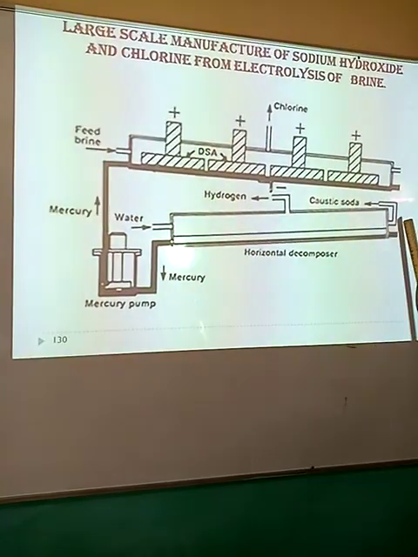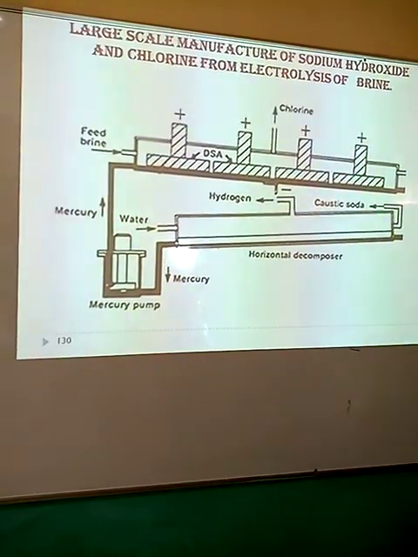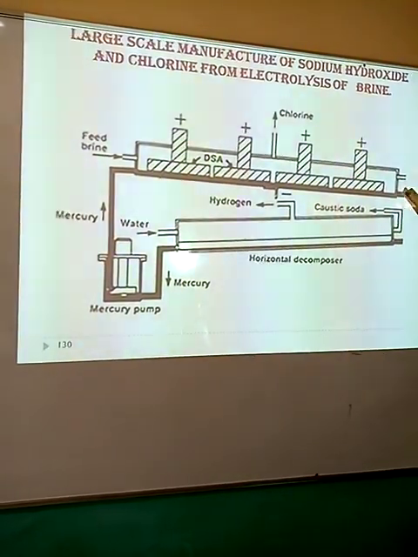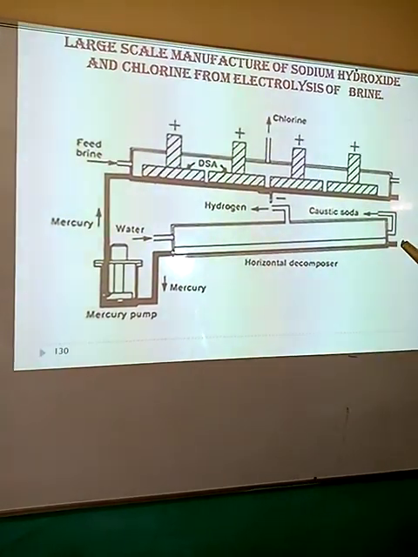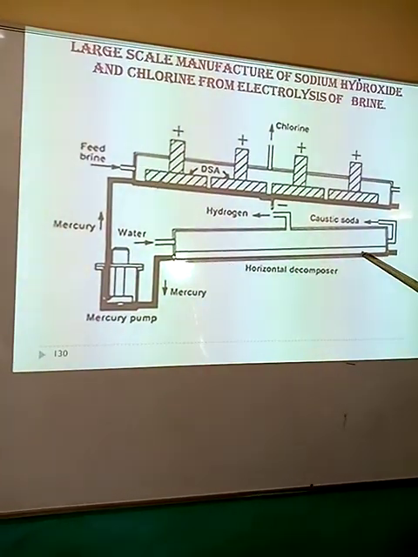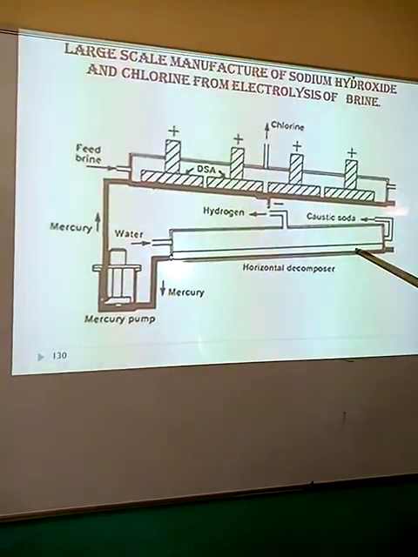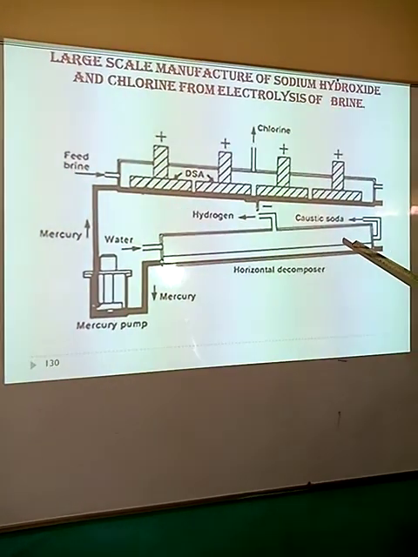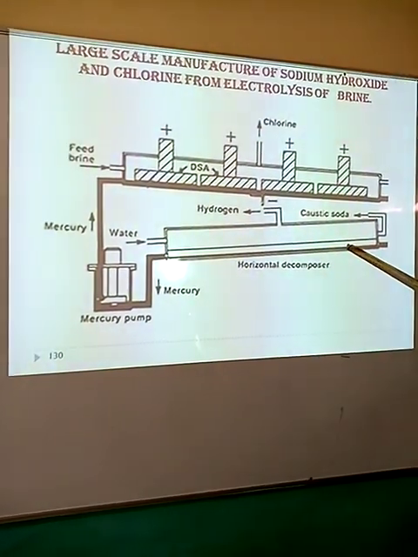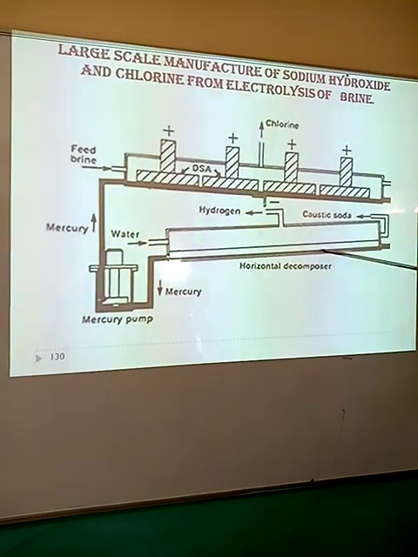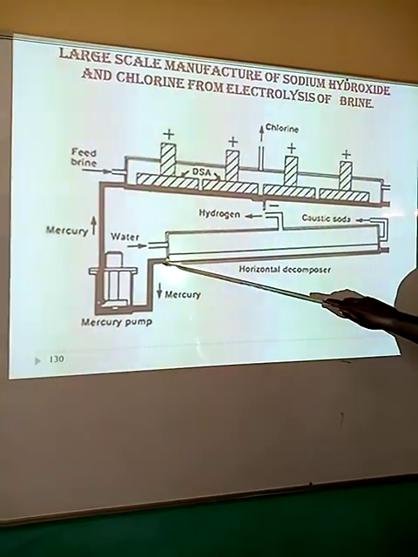Now, remember, the sodium amalgam which flows in this direction is made up of sodium dissolved in mercury. So in the lower part, up to somewhere here, what will be left?